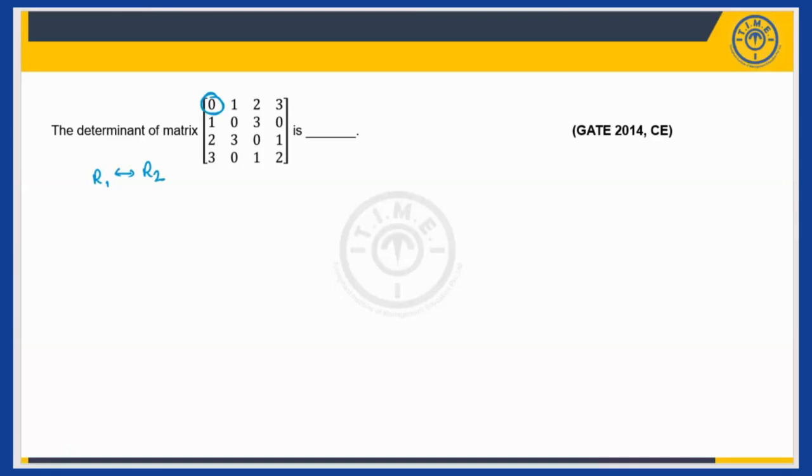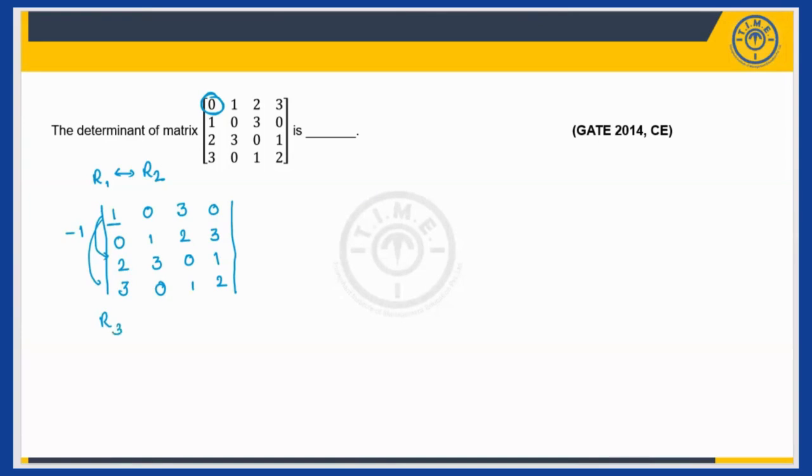Now, if I'm interchanging R1 and R2, then I have to multiply with negative 1: 1, 0, 3, 0, 0, 1, 2, 3, 2, 3, 0, 1, 3, 0, 1, 2. Right? Now, with this 1, you make the down elements zeros.